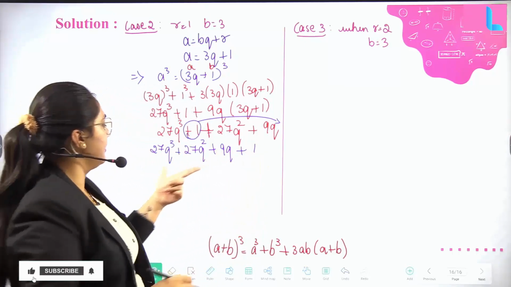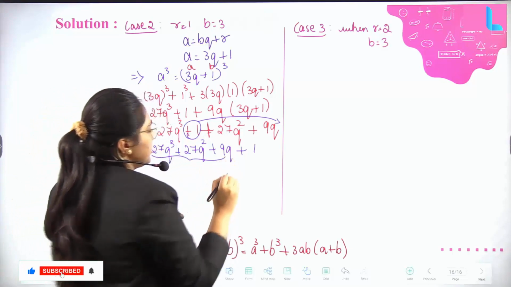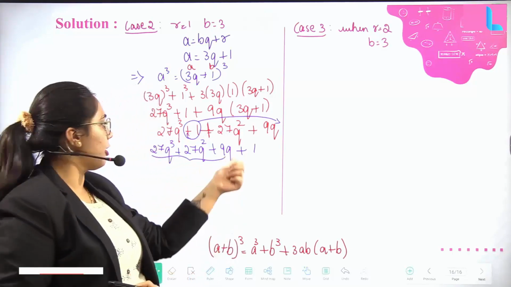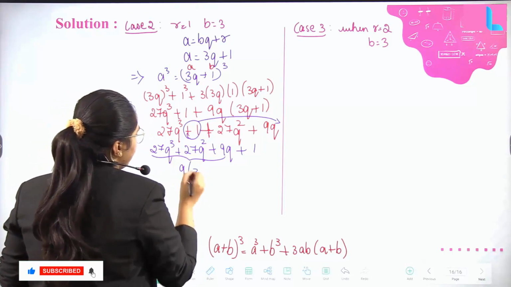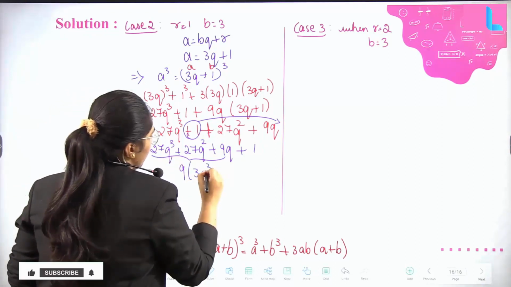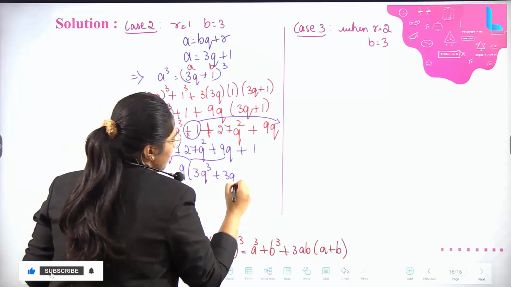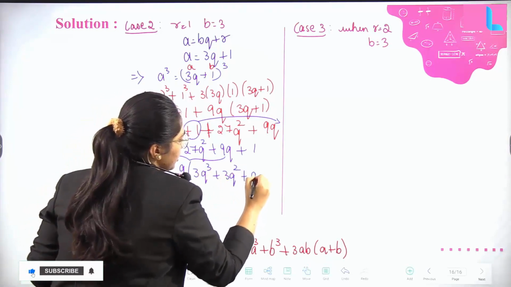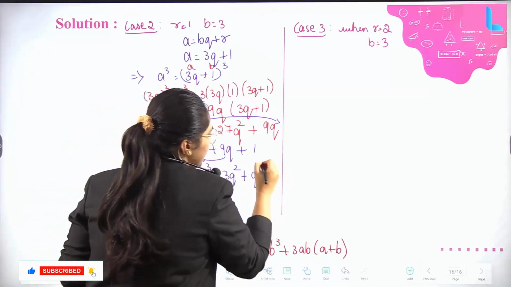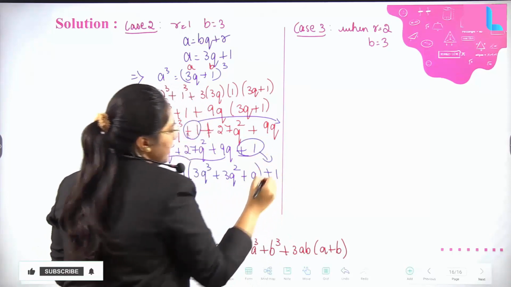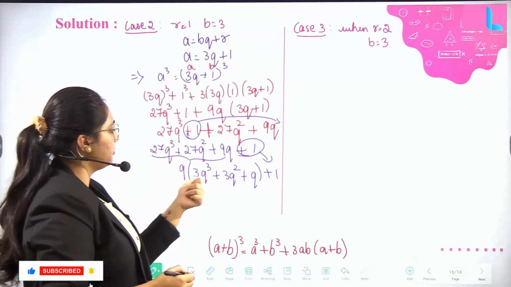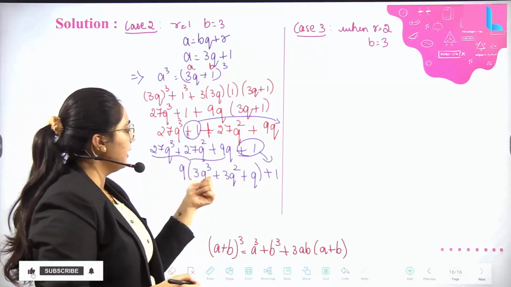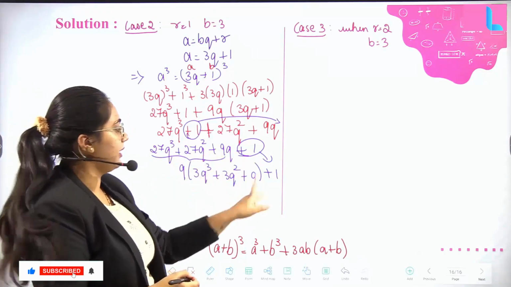Okay, here in these three things we can take something as common. What is that we can take as common? 9 you can take it as common. 9 3s is 27q³, 3q² plus q, and plus 1 will remain plus 1 only, and you just write the same over here. See, 9 3s is 27q³, 9 3s is 27q², 9 into q is 9q, plus 1 remains the same.